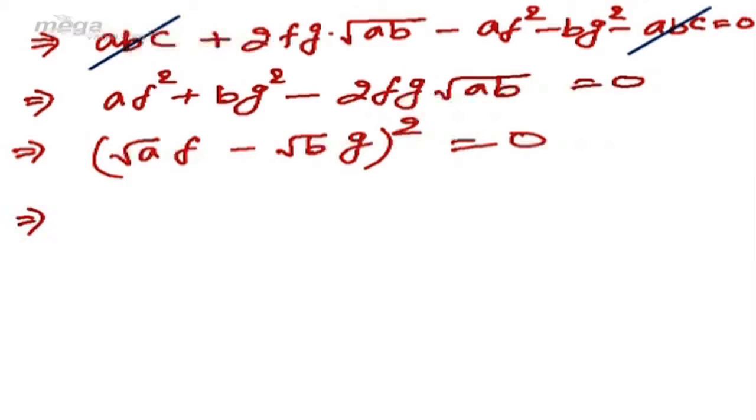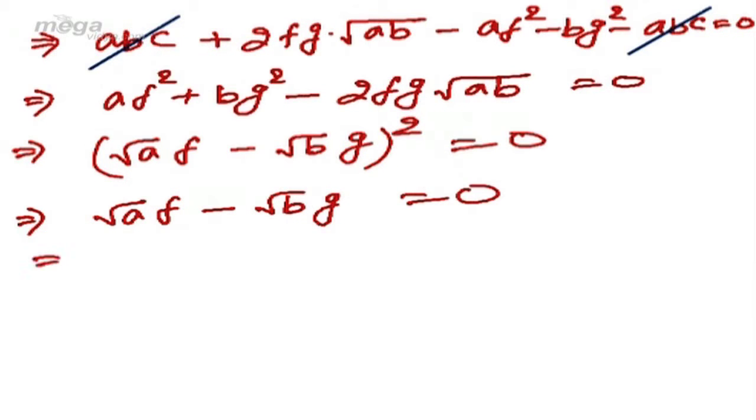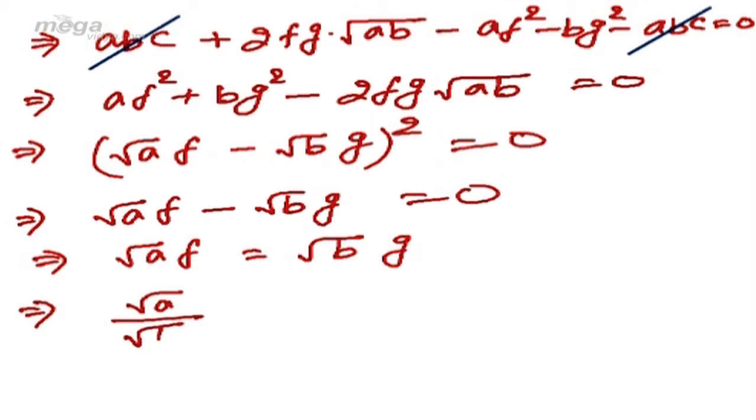So student, you will get root af minus root bg equal to 0. So from here root af equal to root bg. So root a upon root b is equal to g upon f.